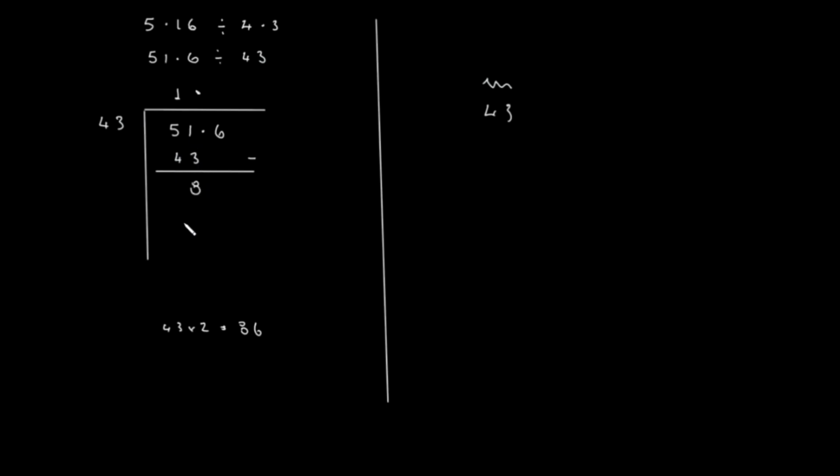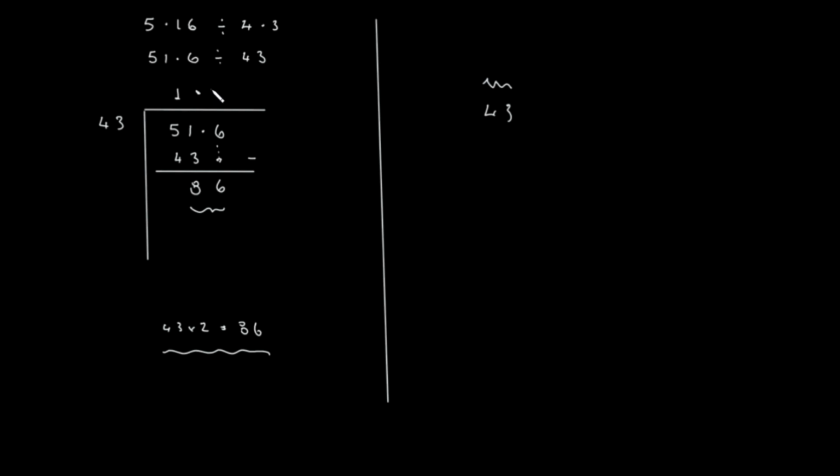We now bring down the 6, and we have 2 digits. 43 into that. Well, look, 2 times 4 is 8, so perhaps 2 times that is that. Oh, it is, look, 86.